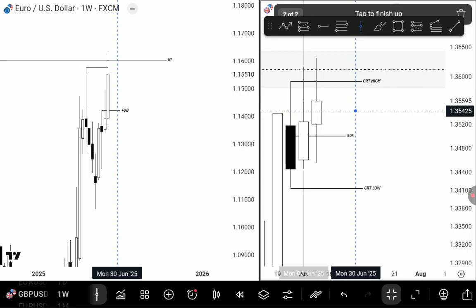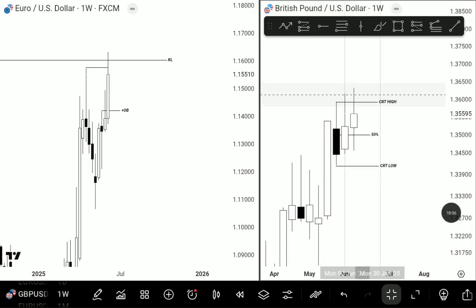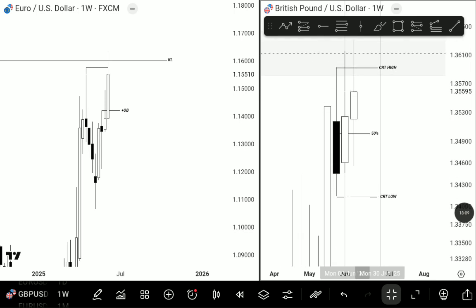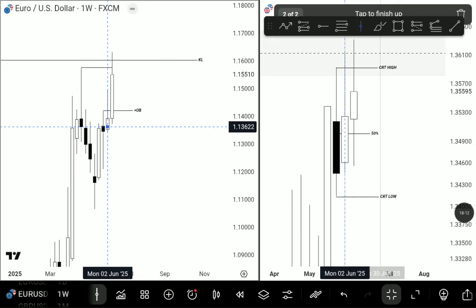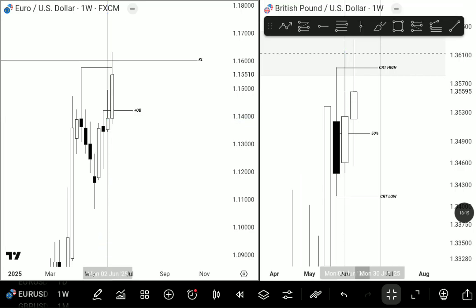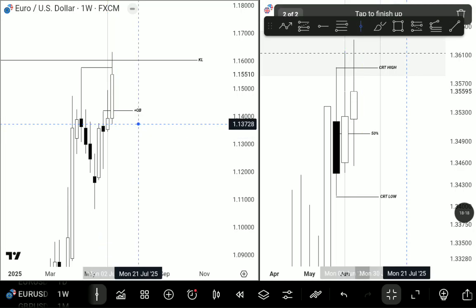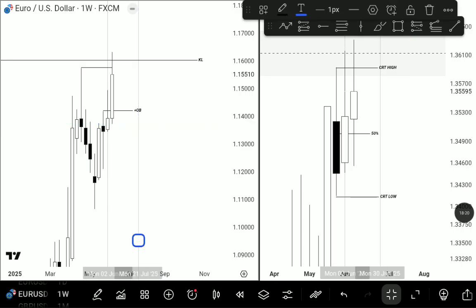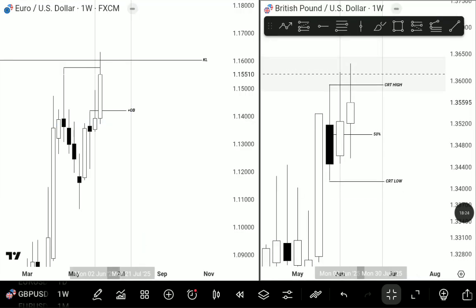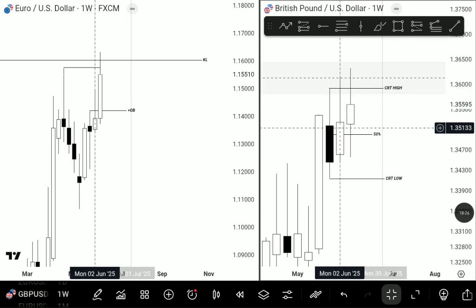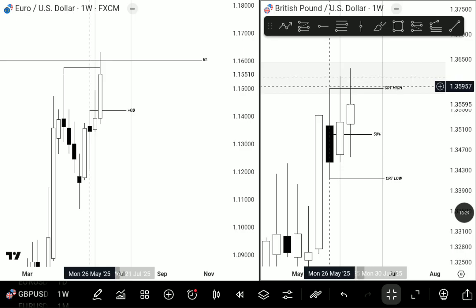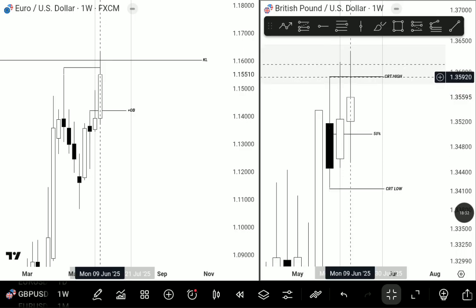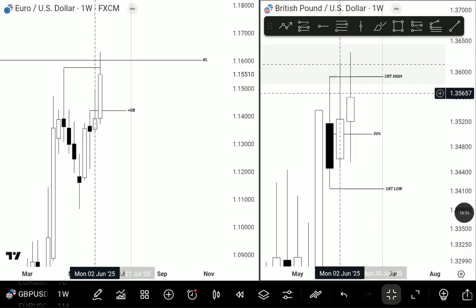Wow, this is some beautiful price action on GU that I can see right there. First week is usually a range, right? It's usually a range the first week, and you can see that indeed it was a range below. Right here you can see the first week. Then the second week, what did it do? It manipulated above the previous week's high.